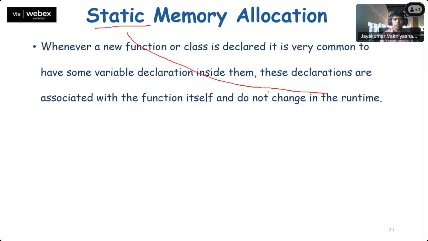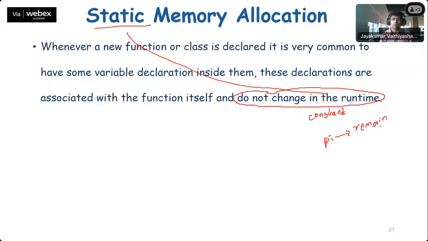Take a constant as an example, some value like pi, it will remain the same throughout the entire course. Those types of data you are able to store in static memory allocation.